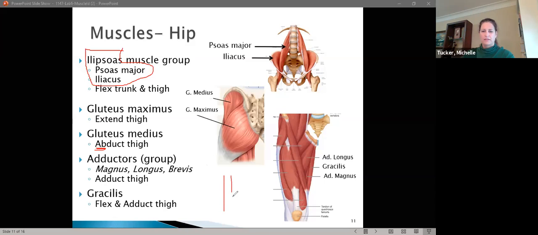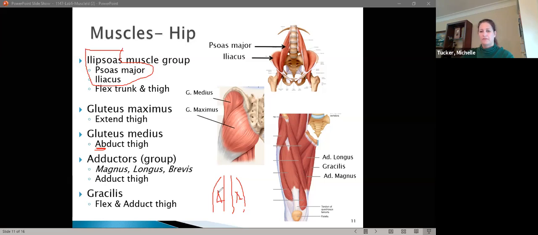But gracilis runs straight down, and then on either side you're going to be able to see the adductors, mainly adductor magnus. When you're looking at a leg model, gracilis runs straight, and then on either side, kind of looking like muscles, are the adductors.